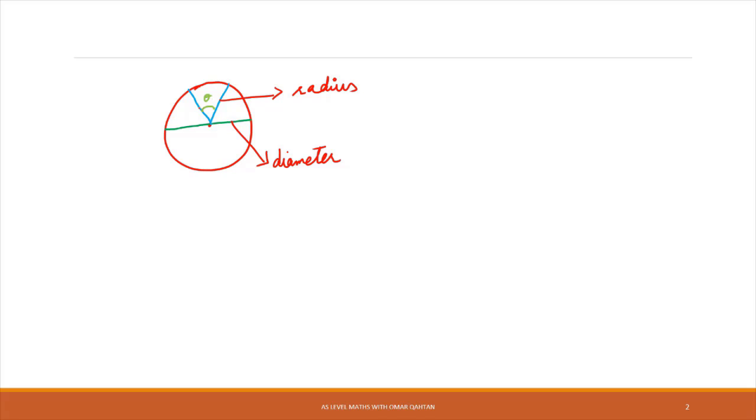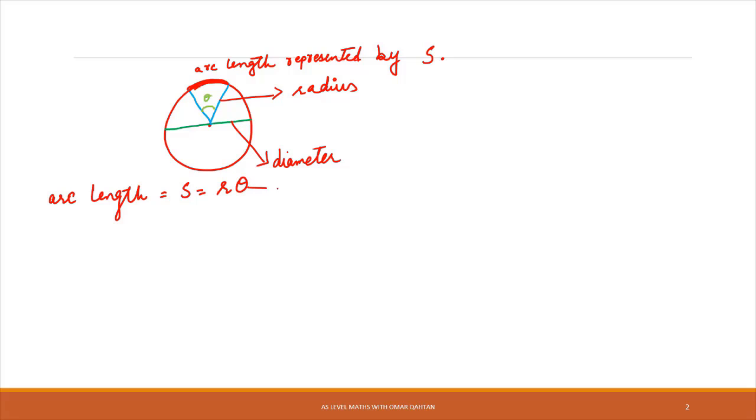And here you could see there is an angle theta, and this part is the arc length. We have the formula for the arc length: S is equal to R times theta, and this theta should be in radians.